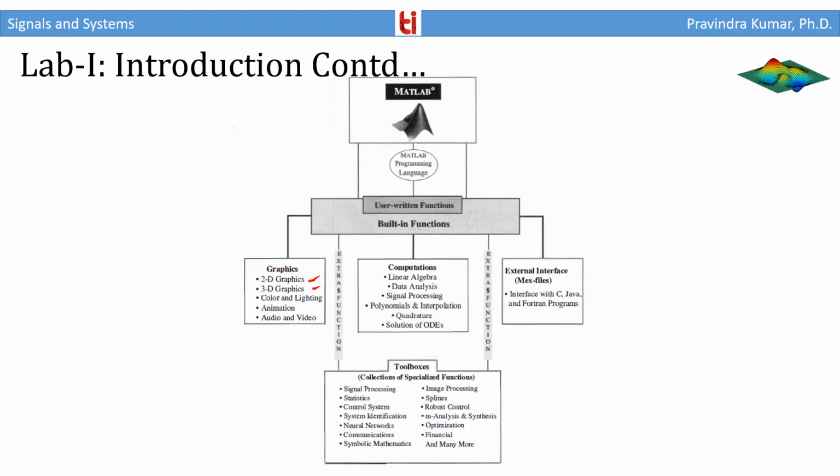When you go into the help of MATLAB, there are nowadays more than 80 toolboxes available. The most popular are signal processing, statistics, control system, system identification, neural networks, communication, symbolic mathematics, image processing, and many more.